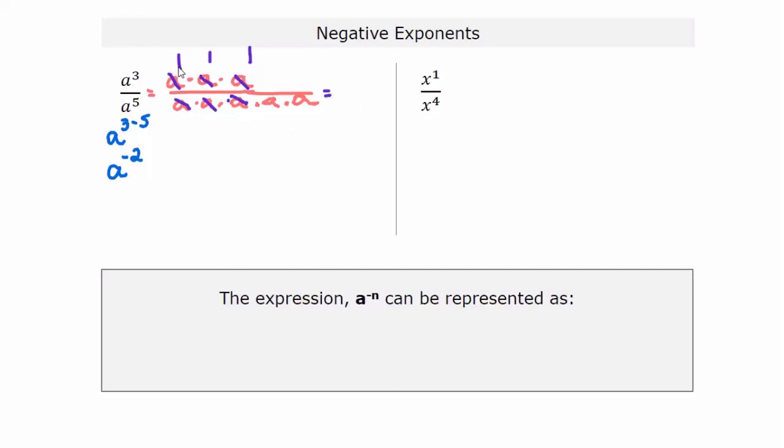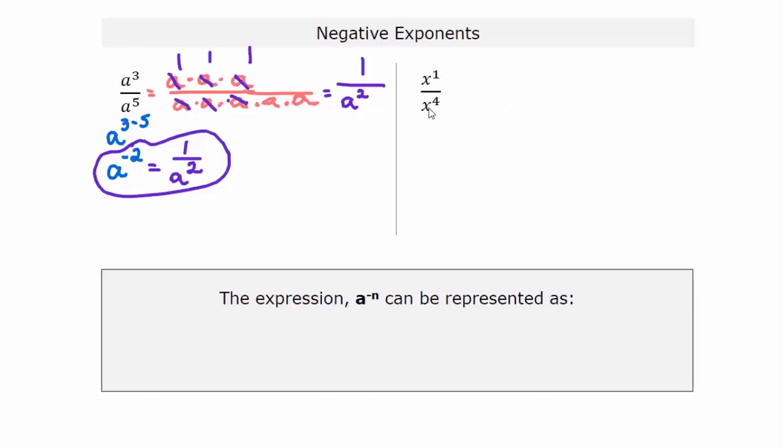So I end up with 1 times 1 times 1 is 1, but down here I still have 2 a's, which is a squared. So a to the negative 2 power is equal to 1 over a squared. And we're going to come back to this in just a minute. We're going to look at our next example.